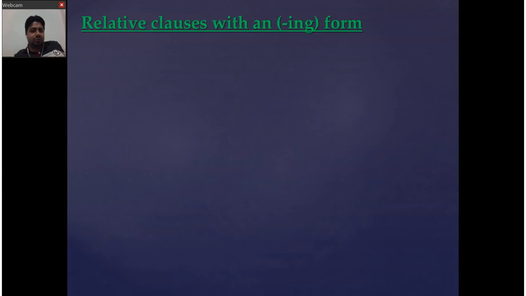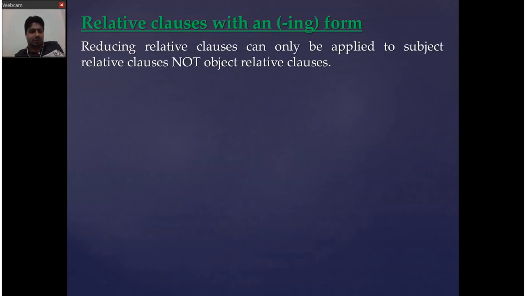We're going to talk about relative clauses with an ing form. More often we have relative clauses that contain the continuous tense. So there is something here about how to deal with these relative clauses. This is what we call reducing them. Reducing means deleting some parts in order to make them shorter.